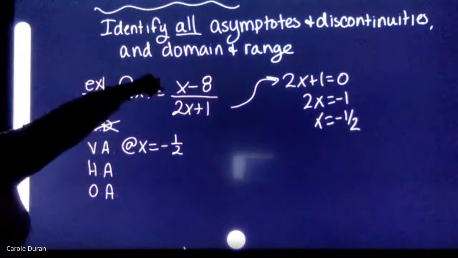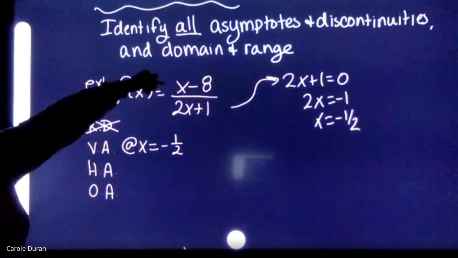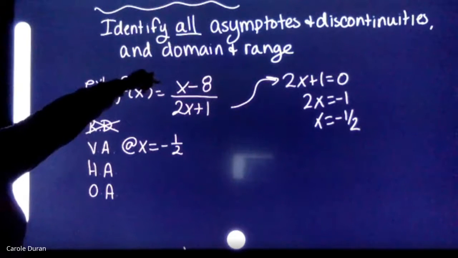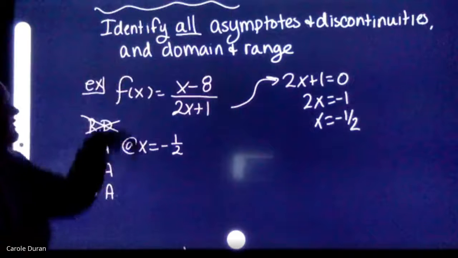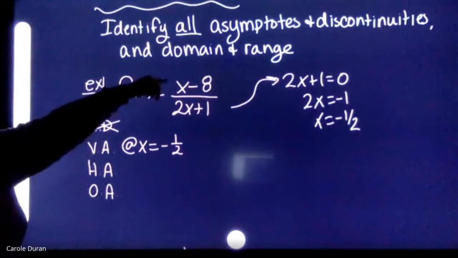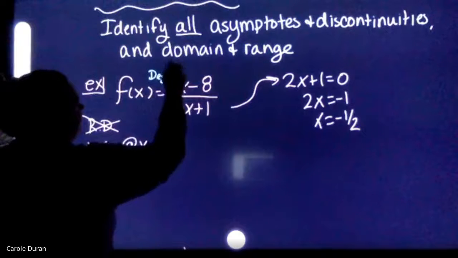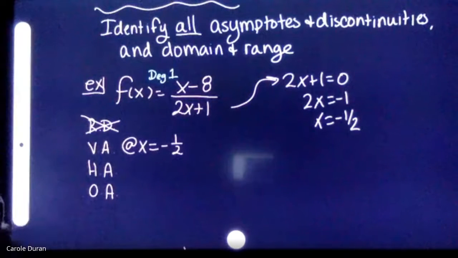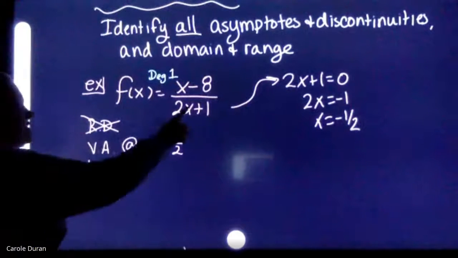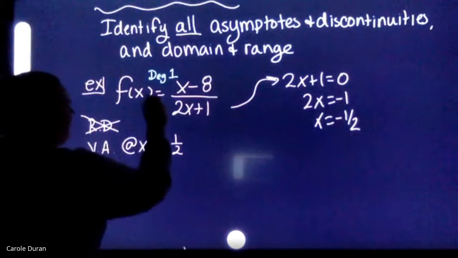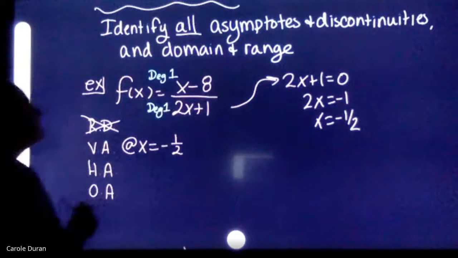What's the degree of my numerator? Yes, Devin, the exponent on my x is a 1, so this is a degree 1. Same thing in my denominator. There is no exponent attached to my x, so that one is also a degree 1.